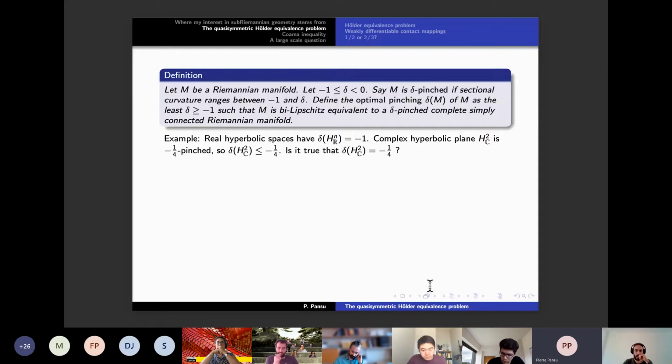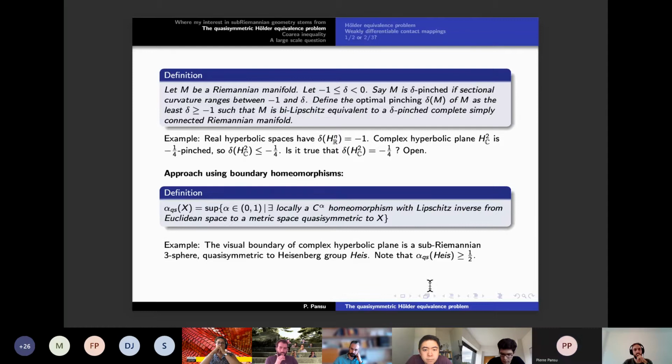Or rather, if not, this would mean that the optimal pinching would be equal to -1/4. And it's essentially an open problem. So I will propose an approach where sub-Riemannian geometry will play a role, relying on this boundary correspondence.